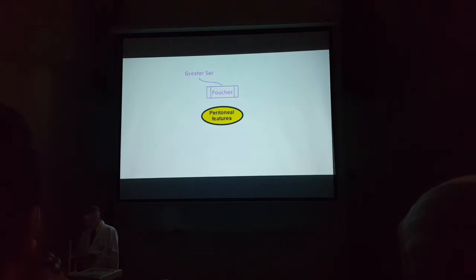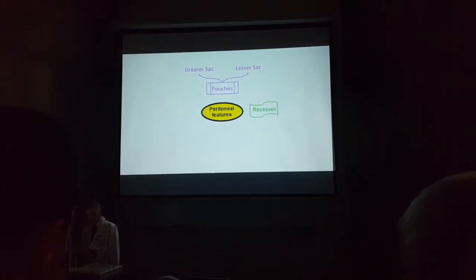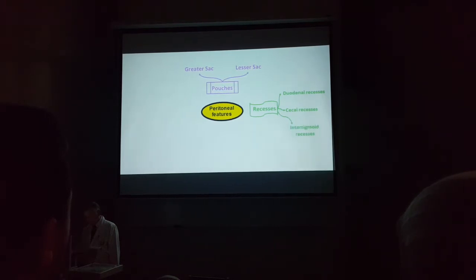Greater sac, this is the original big peritoneal cavity, which is not big anymore. Lesser sac, a space behind the stomach. It has little recesses around the duodenum, around the cecum, around the sigmoid.